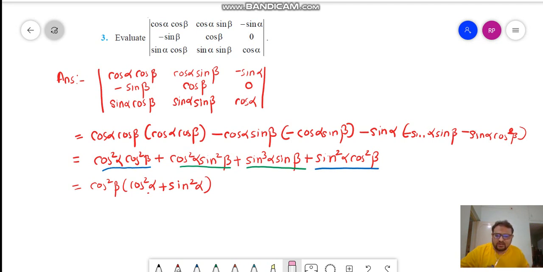Okay, I will get this as sin alpha and sin square beta. Clear? So similarly here also I will get the other answer, sin square alpha into sin square beta, right? So from this, the part underlined in green, I will take sin square beta common.